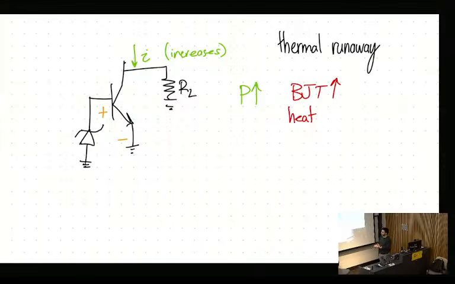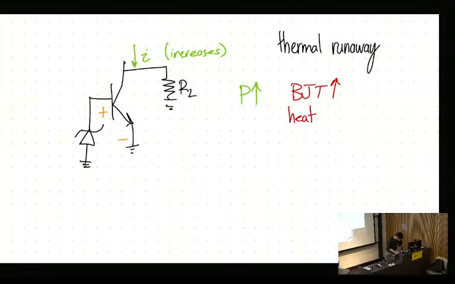So a BJT intrinsically, and this may be a bit of physics, when the heat is increasing, it will decrease this voltage when it senses that an increase in current is needed, to sort of balance out the increase in current that's needed versus the gate voltage that lies here. And sort of, in a sense, regulating its own voltage.